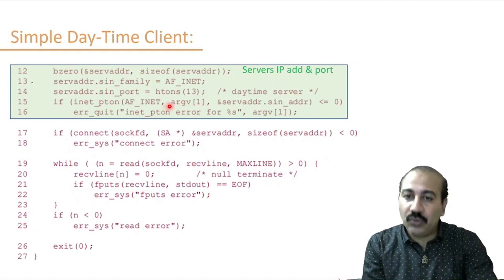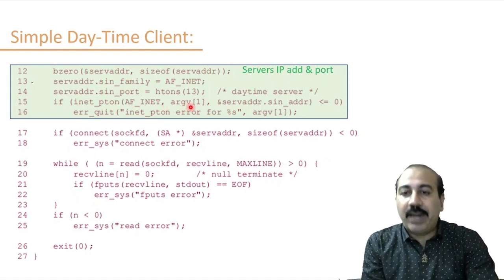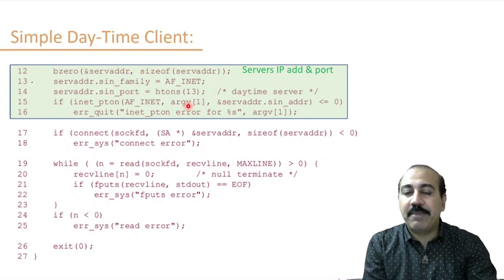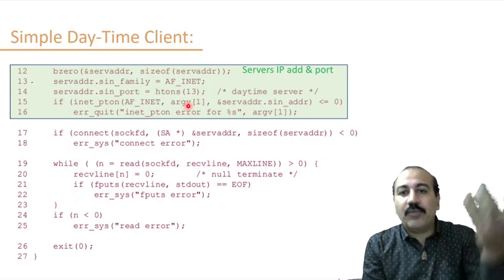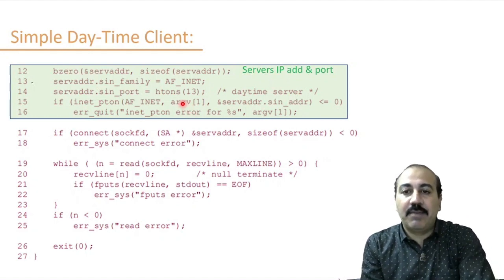argv[1], as you know, argv is the value or the parameter that is passed as the command line argument. And what is the value that I am passing? I am passing the server's IP address. So to which server you want to communicate, I'll have to specify the IP address of that as the command line argument.